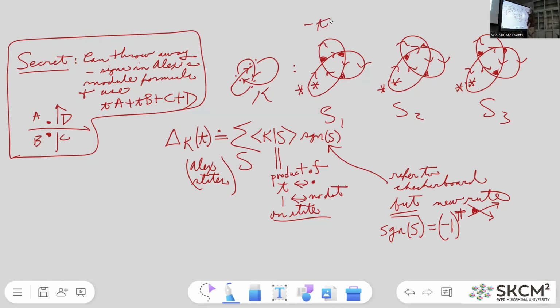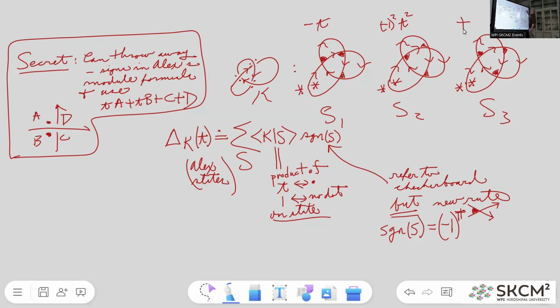Let's look at this one. 2 black holes, so we get -1 squared. And then this marker is on a 1, this marker is on a dot, that marker is on a dot, t squared. And this one, we have a white hole, and neither, so that's a plus.